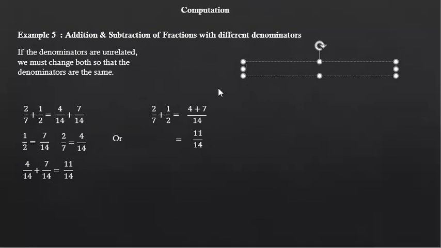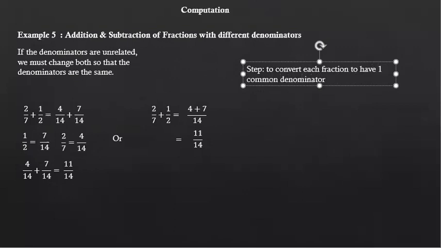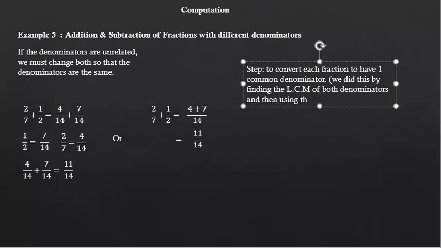In this section here, what we did was to convert each fraction to have one common denominator. And we did this by finding the lowest common multiple of both denominators and then using that as one. Right? So that was the first thing we did.